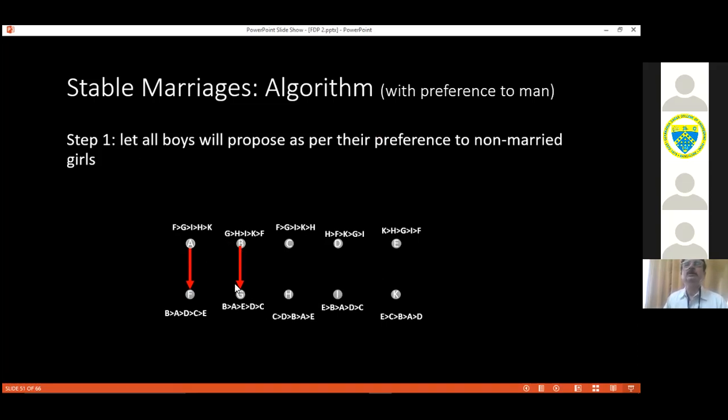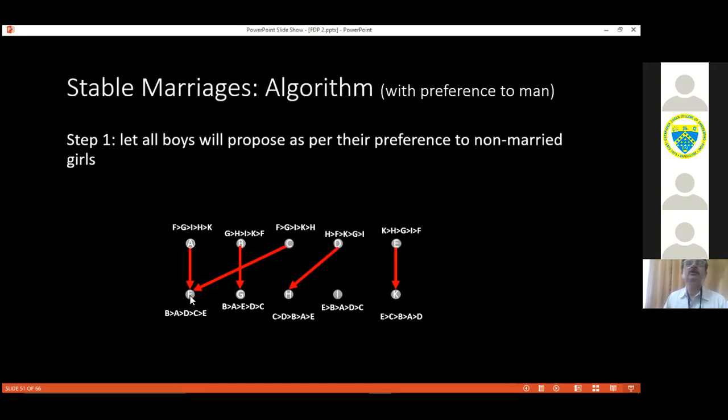Then C: in C's list, F is the most preferred, so C will also propose to F. Marriage will not take place now, just a proposal only. D prefers H the most. Next E prefers K. This is the preference. Then I will ask F. There are two persons who proposed, A and C.